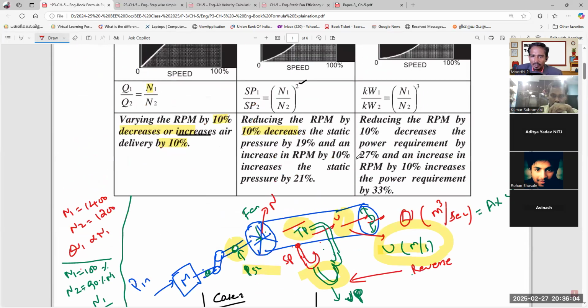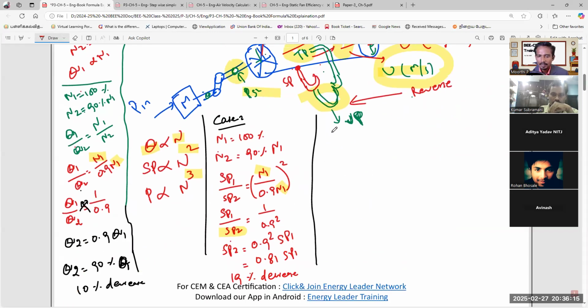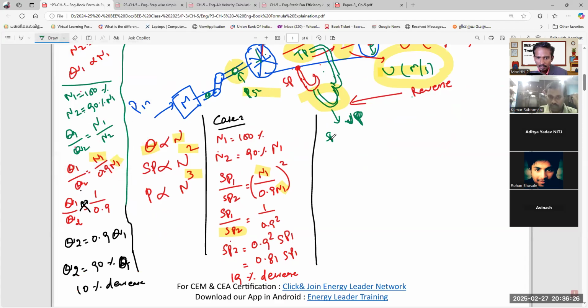Okay, what is the other ratio? If you increase by 10%, what will happen? Same applies. I will directly write it. How to write it? SP1, SP2 equal to N1 divided by N2. What is N2? A 10% increase, so 10% means 1.1 N1, whole square.